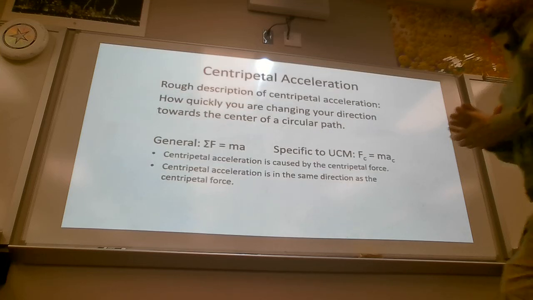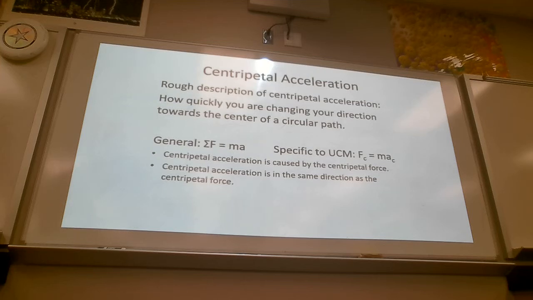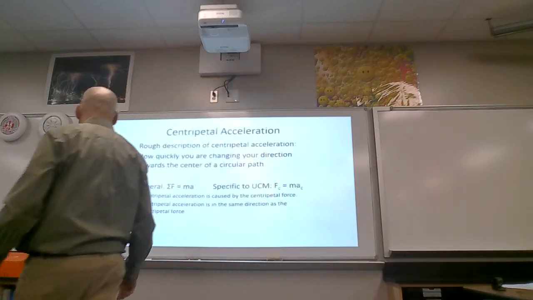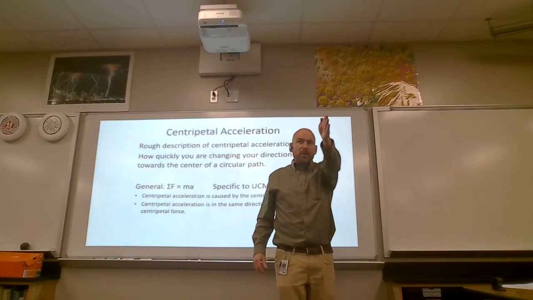Okay, which is known as centripetal acceleration. So centripetal acceleration speaks to how quickly you're changing your velocity towards the center of the circle. If I'm walking in a circle, the direction I'm moving is the way my nose is pointing.